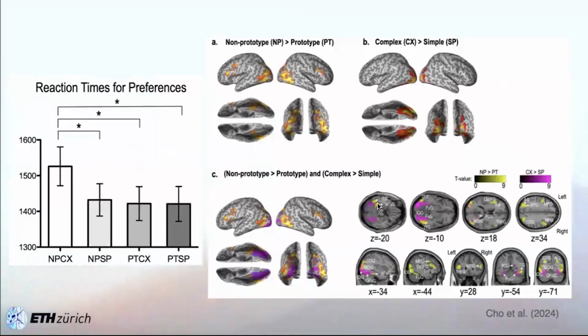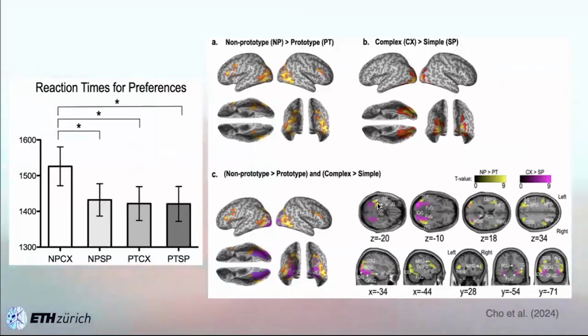Essentially, what they find in the brain is a functional gradient between the preference processing of simplicity and prototypicality. Different visual brain regions kick in and help pull apart the features of objects that are typical, the chairs and the speakers, compared to non-prototypical, as well as complex and simple.